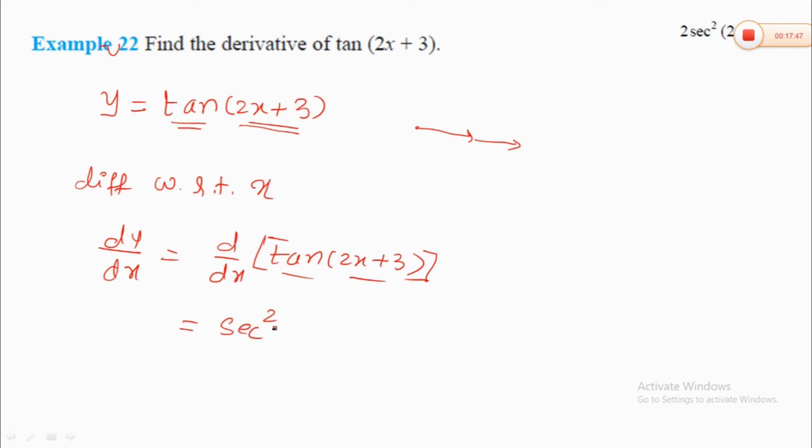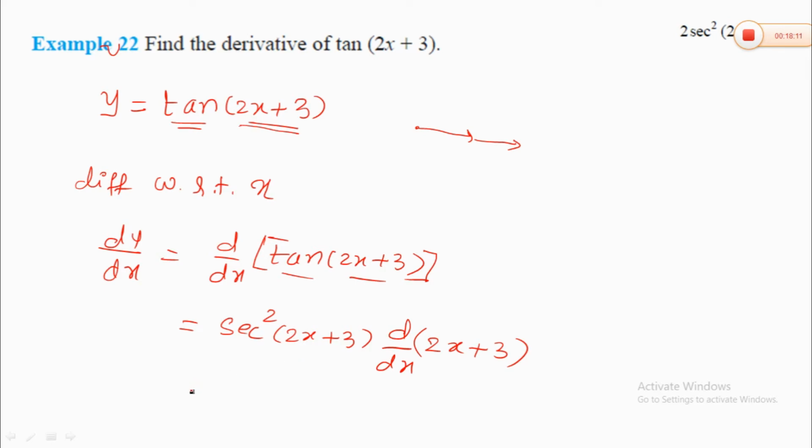So write the remaining terms as it is, 2x plus 3, then d by dx of the function within the tan, which is 2x plus 3. Sec square 2x plus 3, d by dx of 2x plus 3.